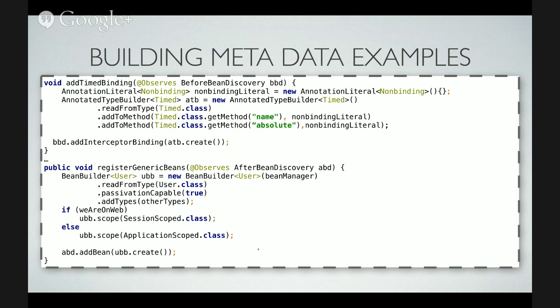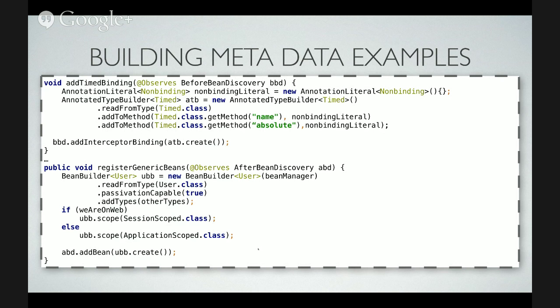We are testing: are we running the application on the web or not? If we are on the web, we put the bean in the session scope. If it's not the case, we put the bean in the application scope.